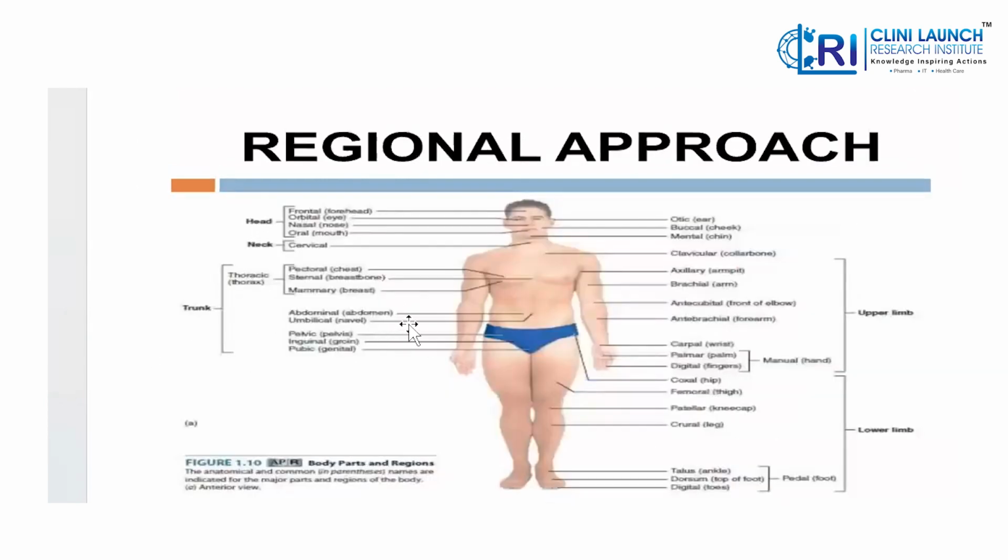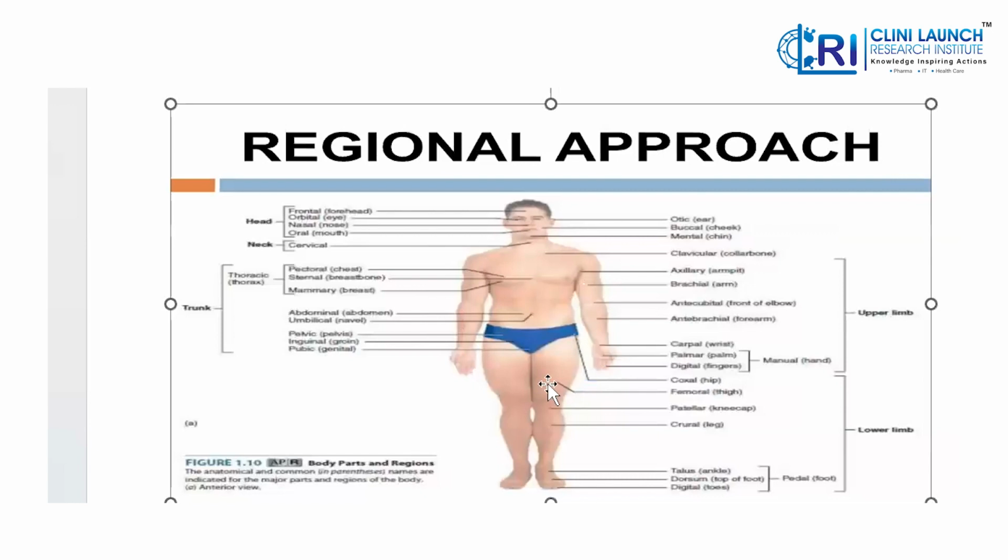This is the upper limb, and this is the lower limb. What is this portion? Hand? No, the hand is this. This is the forearm, and below that is the arm. And this is the wrist and hand.